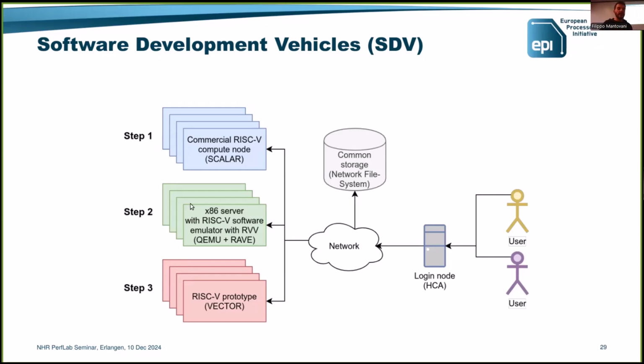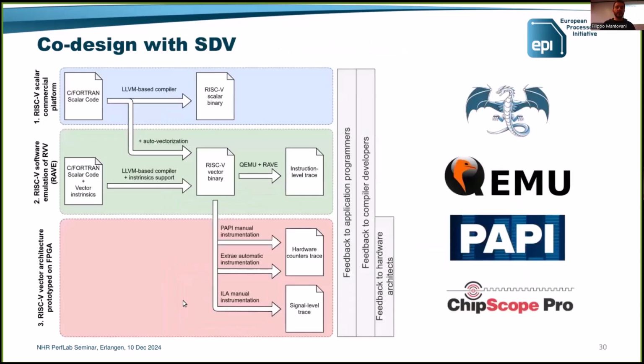Then the second step is running with an emulator. So you start enabling auto-vectorization, you get a binary with vector instructions, and you emulate using QEMU plus a plugin that we developed that gives you some insight statistics. And the third step is the RISC-V vector prototype. So you run on the real hardware. Okay. So these are the three steps that we suggest.